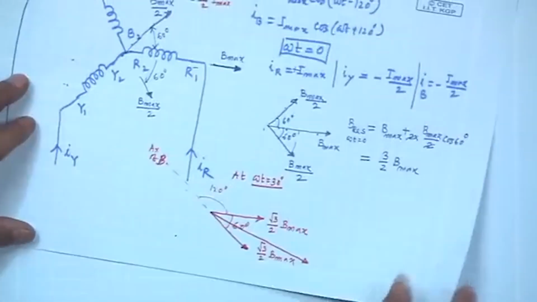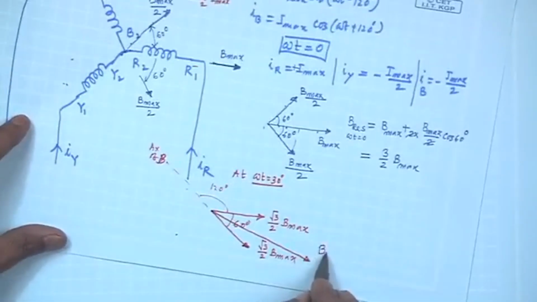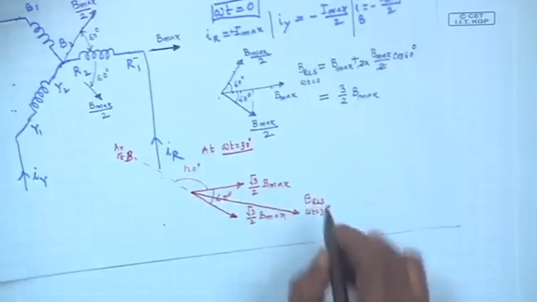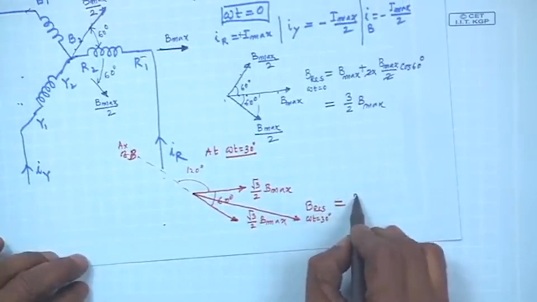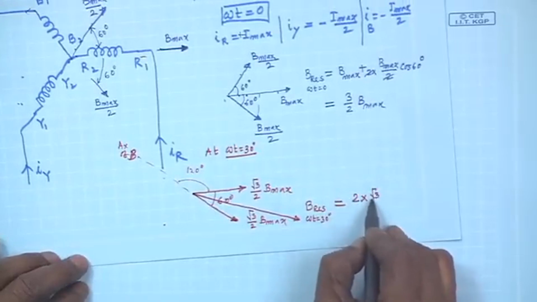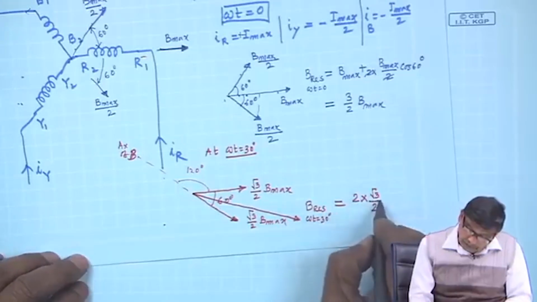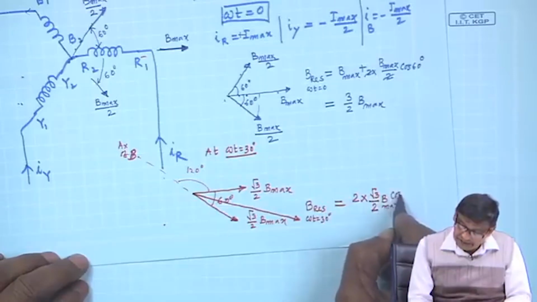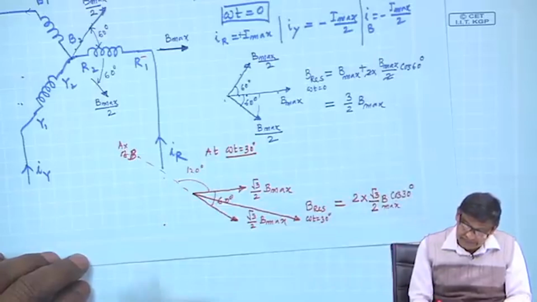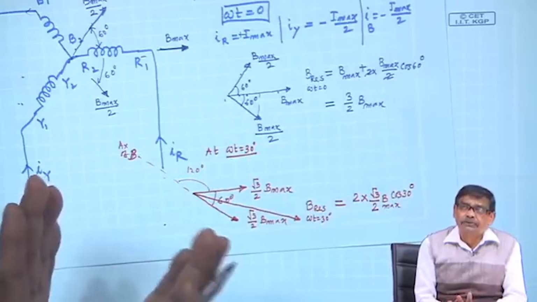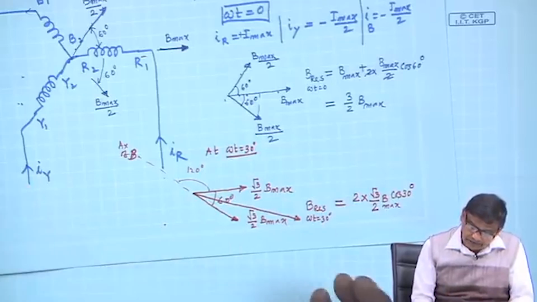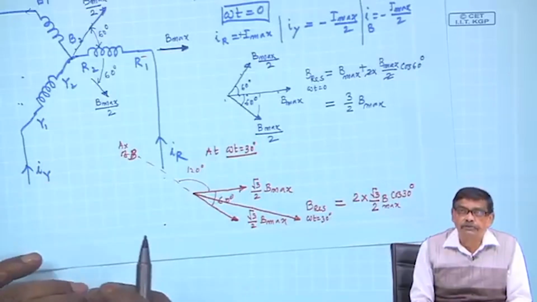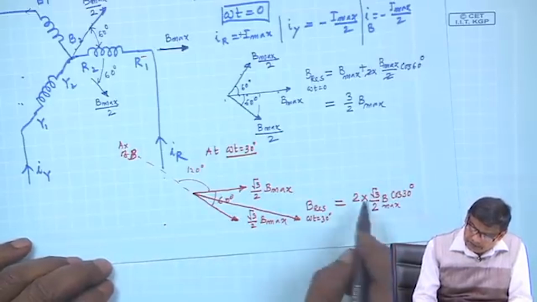and obviously, the B resultant at omega t equal to 30 degree will be just 2 times root 3 by 2 B max and cos 30 degree. We know two equal forces P, angle between them is alpha, resultant is 2 P cosine alpha by 2, whichever way you do.